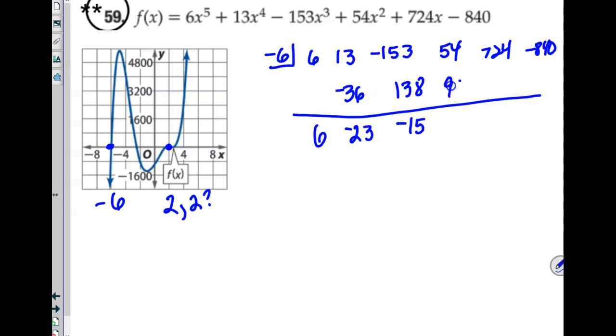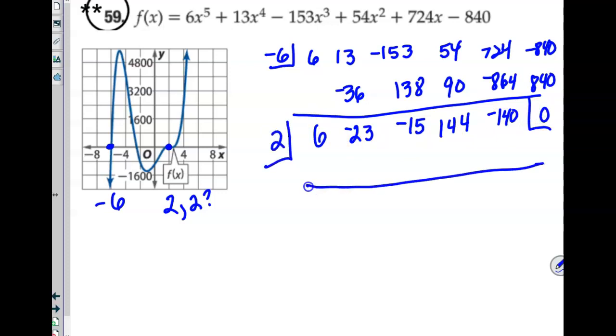Times negative 6 is 90. Plus 54 is 144. Times negative 6. Help. 816 or 60? Negative 864, which would be negative 140 times 6, I hope is positive 840. Does it work? Okay. Now we got to do 2 successively, not going back to the original, thank goodness.